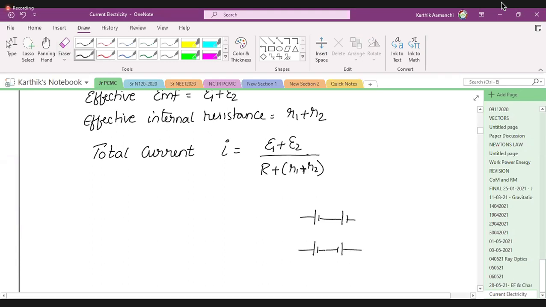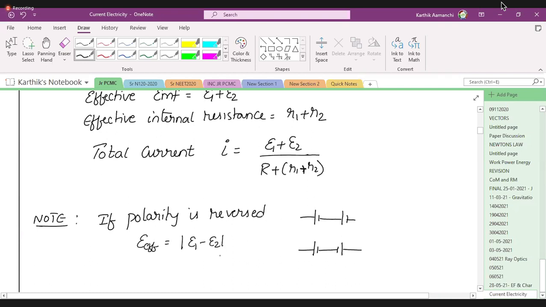Then what would your formula become? E1 minus E2. Yes, note, if polarity is reversed, your effective EMF will be modulus of epsilon 1 minus epsilon 2.